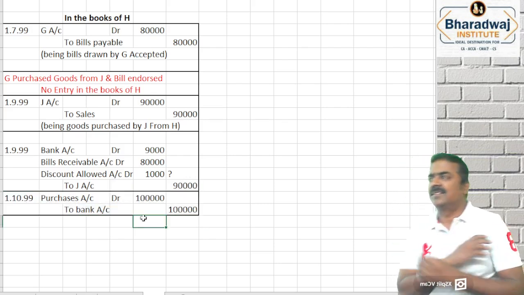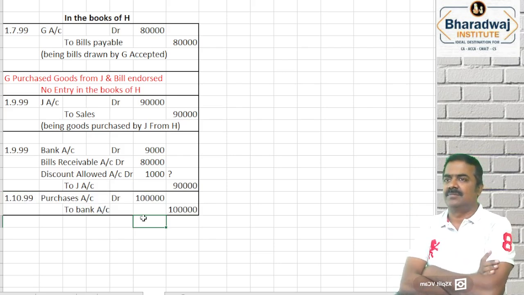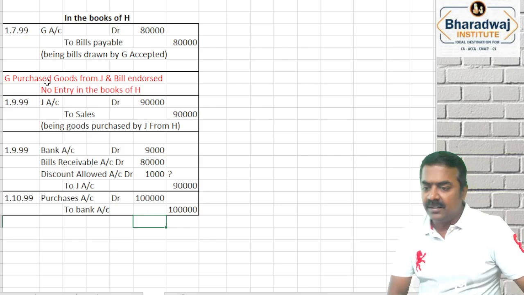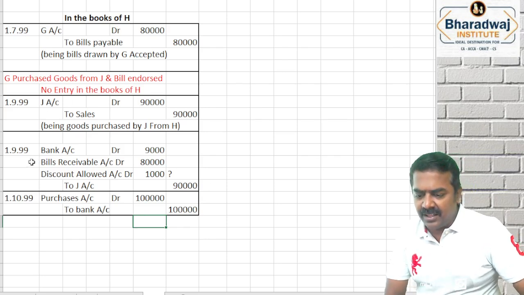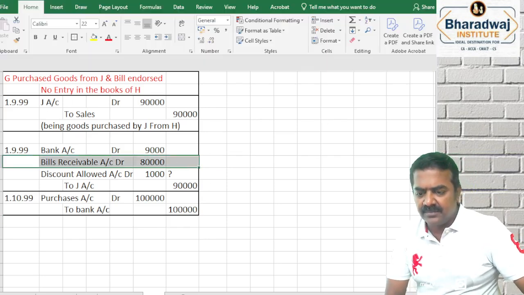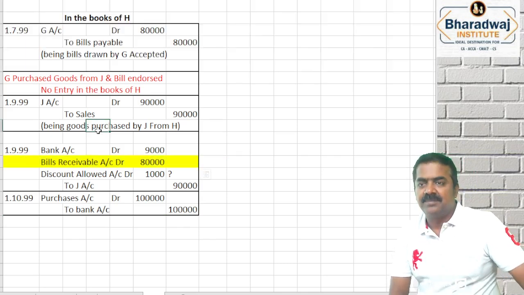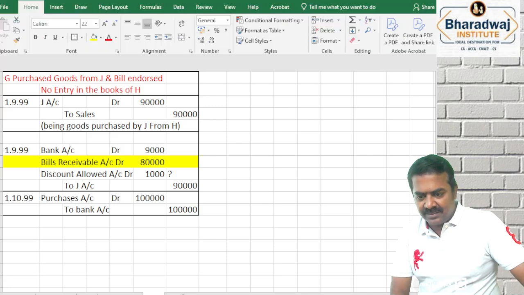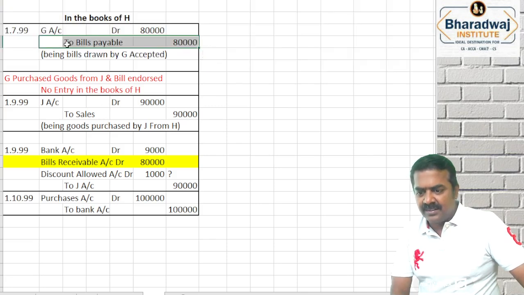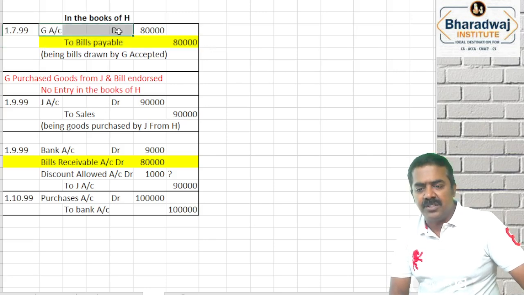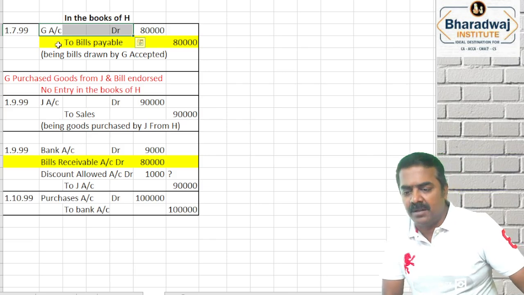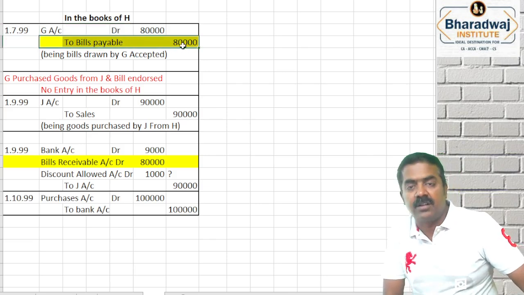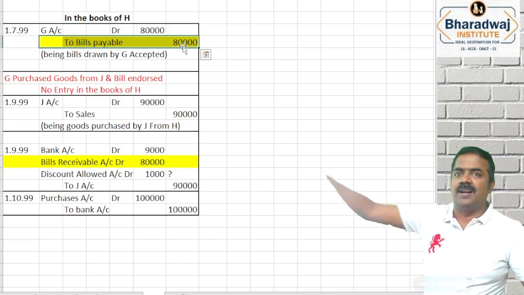Anything else that we have to do? Very good. The 80,000 bills receivable is there, isn't it? Which bill is this? Our bill. The bill that was accepted by you to G. How much is there in bills payable accepted for G? 80,000. It has come back into our hands.